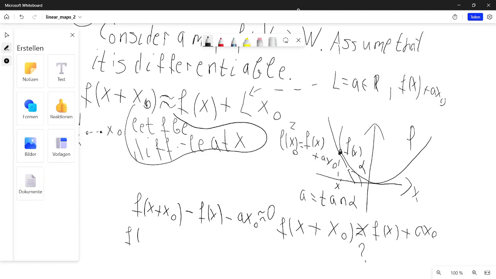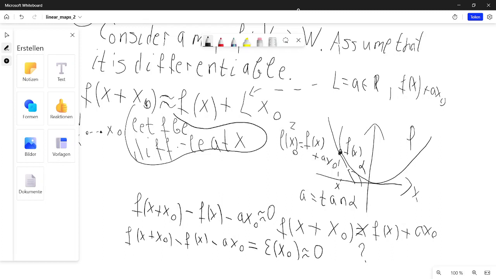And that is, we could think of that, remember, x is just a fixed point, as depending on x0 and being some function depending on x0 that is very close to 0, that is approximately 0.